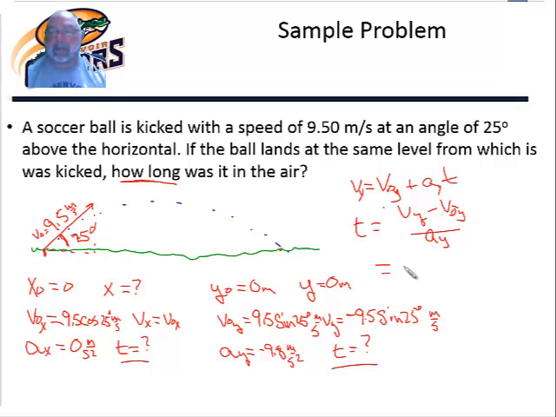So Vy would be negative 9.5 sine 25 minus V0 y, which is 9.5 sine 25 over the acceleration, which is negative 9.8 meters per second squared.